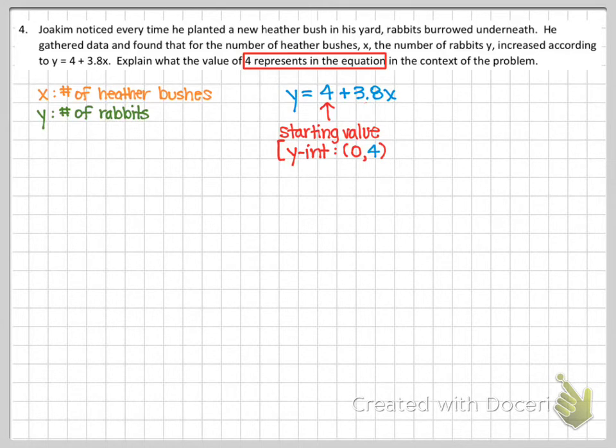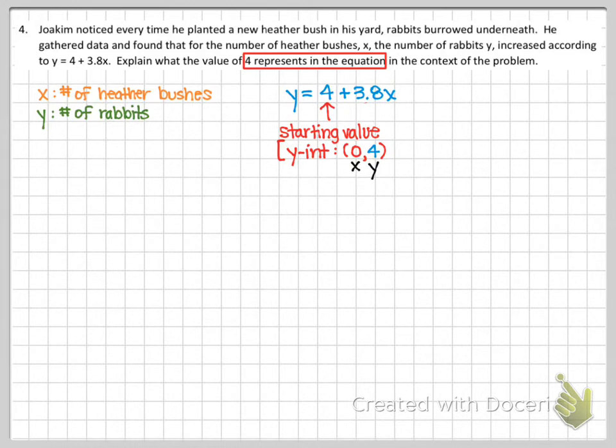Additionally, we know that every point is an x, y. So the 4 represents the y value, and the 0 represents the x value. Now, we don't say that there is an increase or a decrease. Remember, we only use those when we're talking about a rate. So a slope, things are growing or changing over time.